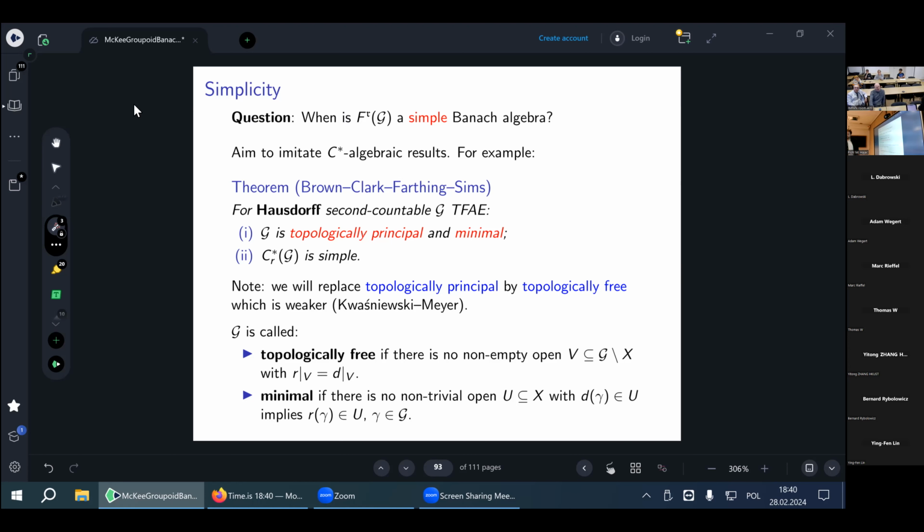So you mean that in the case of the action groupoid, it reduces to minimality and topological freeness of the action? Action, yeah. These are groupoid generalizations.